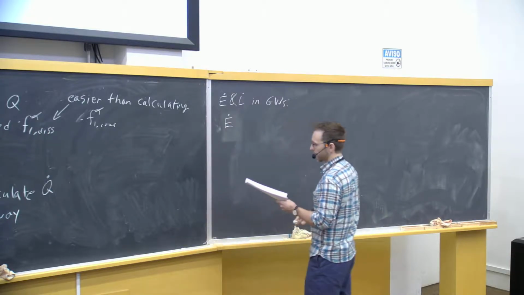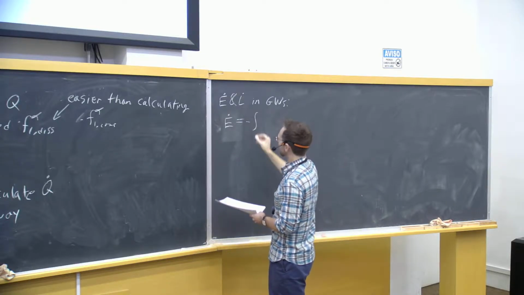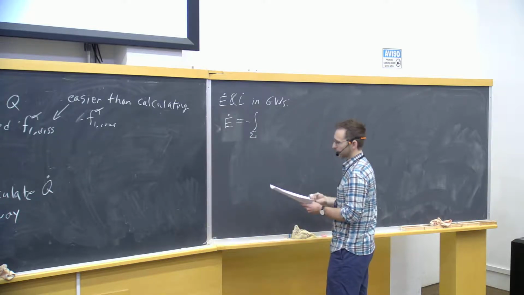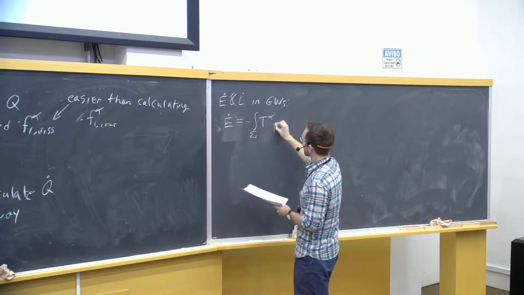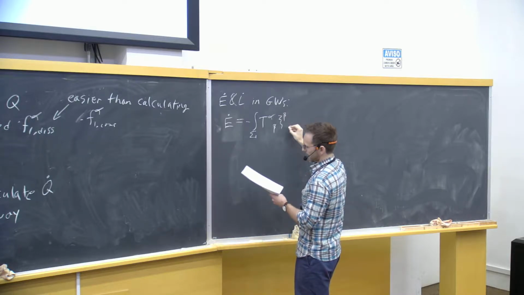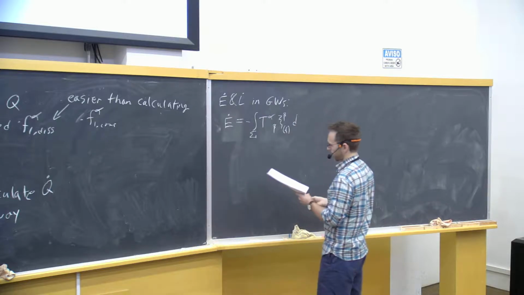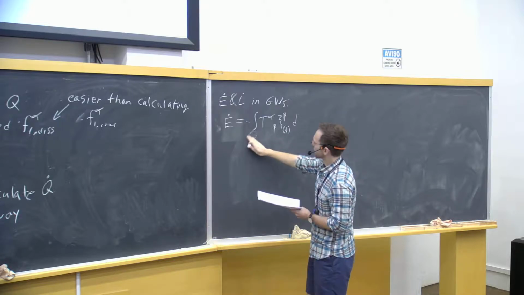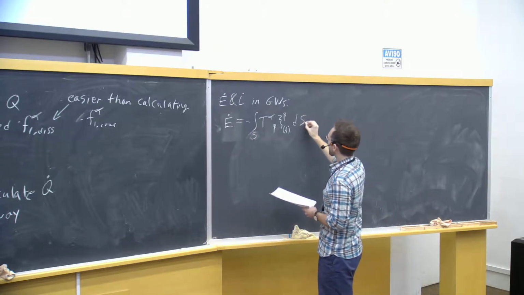In general, the flux of energy across the surface is minus the integral over that surface, T alpha beta Z beta, actually let me call that S just to be consistent with these notes, dS alpha.